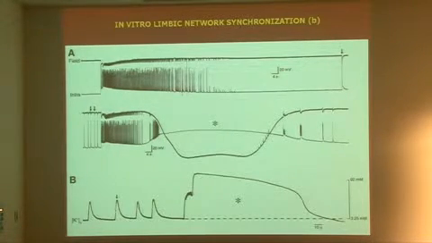So what he did is an intracellular recording from an entorhinal cortex cell in a rat slice, and you see that 4-aminopyridine will induce this nice, long-lasting ictal discharge with the intracellular counterpart here.